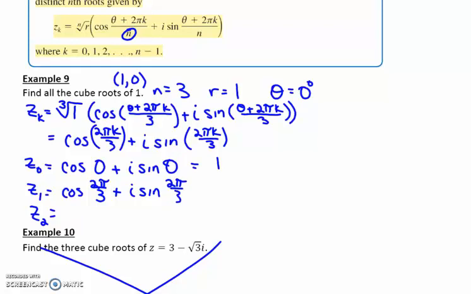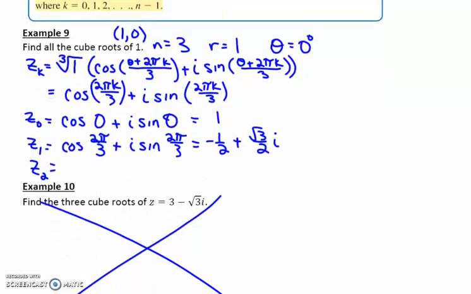If you think back to your unit circle, the cosine of 2 pi over 3 is negative 1/2, and the sine of 2 pi over 3 is the square root of 3 over 2. So there's another root. The last root is the cosine of 2 pi times 2, so that's 4 pi over 3, plus i times sine of 4 pi over 3.